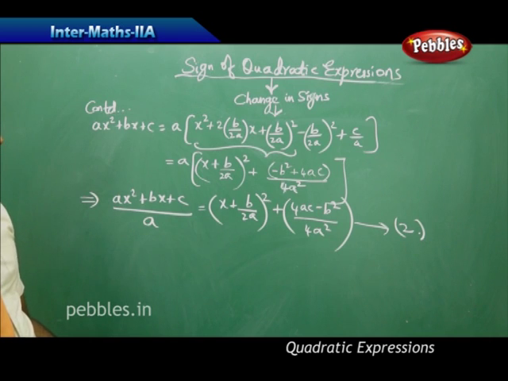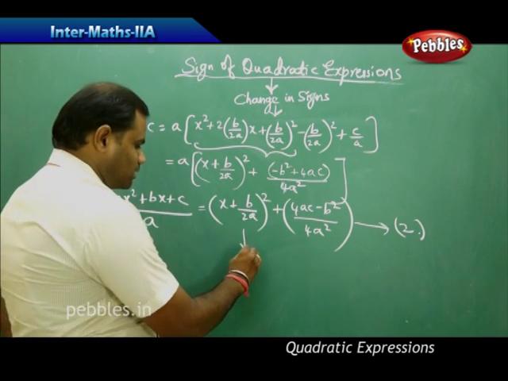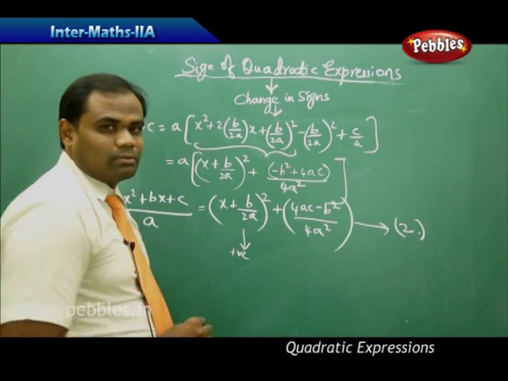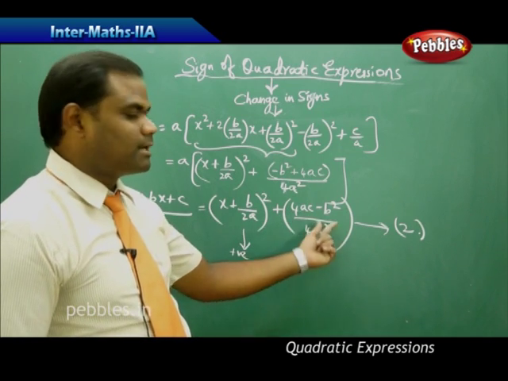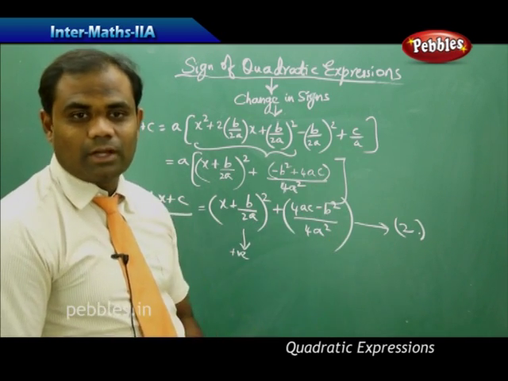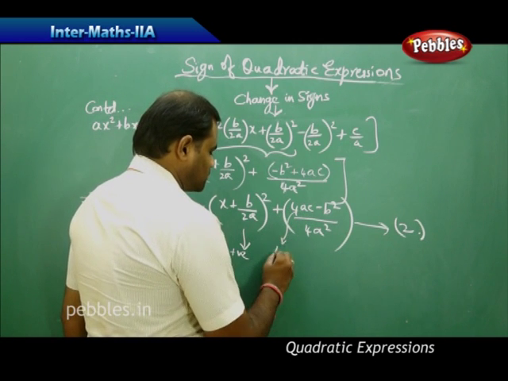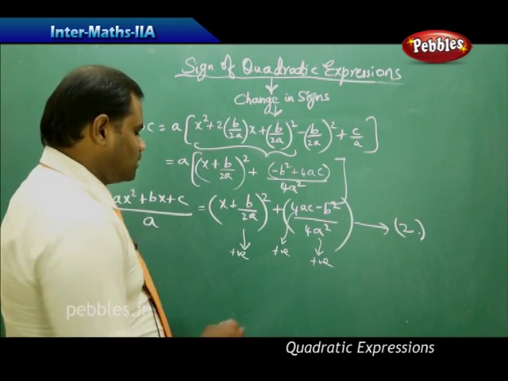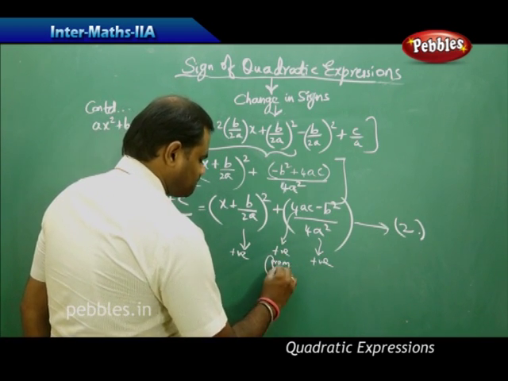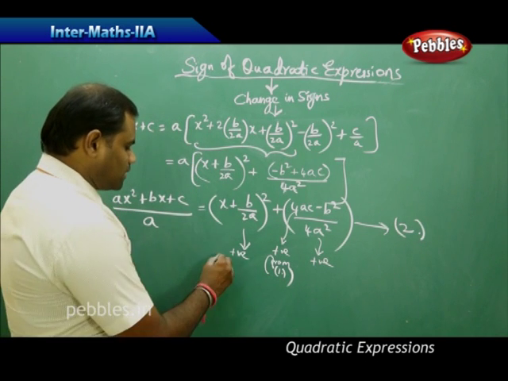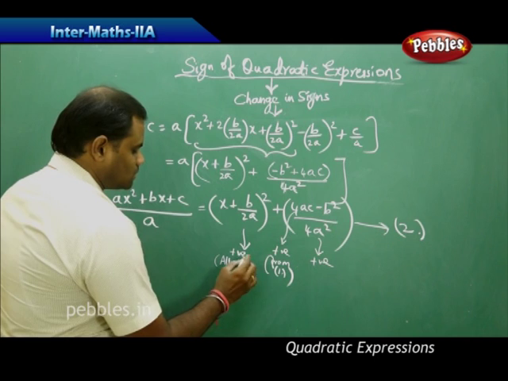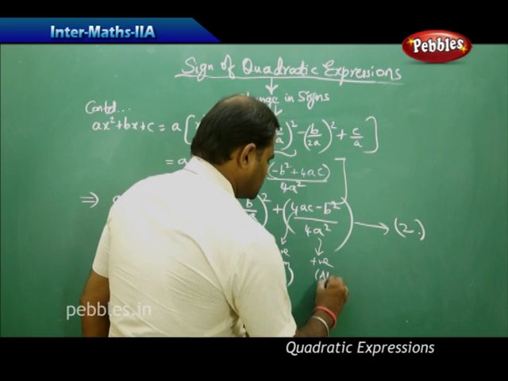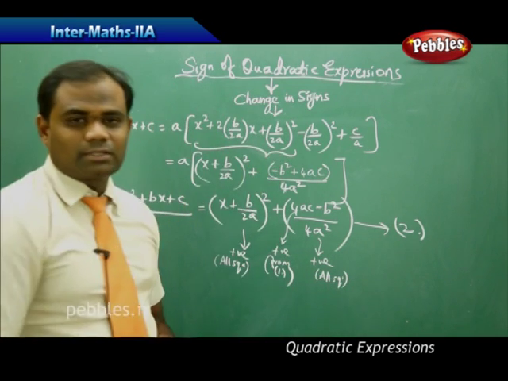Now as I see here, interestingly, this is a square, and we know that all squares are positive, so this will be a positive term. And 4ac minus b square is positive from equation 1 which we have taken. So this is positive, and this again is positive because all squares are positive, and this also is a square, so any square term will be a positive term.